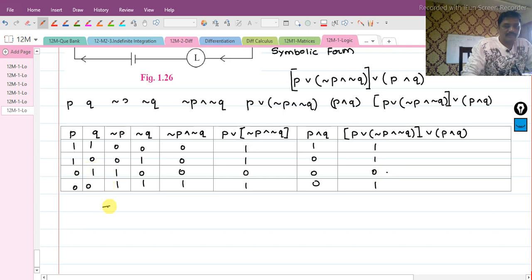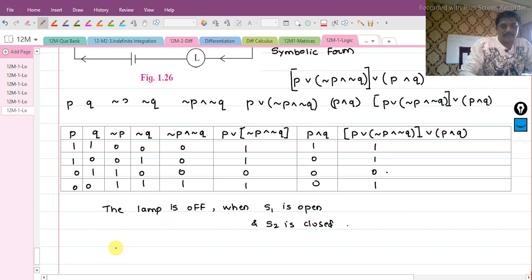Okay, the lamp is off when S1 is open and S2 is closed. At all other times, the lamp is on.